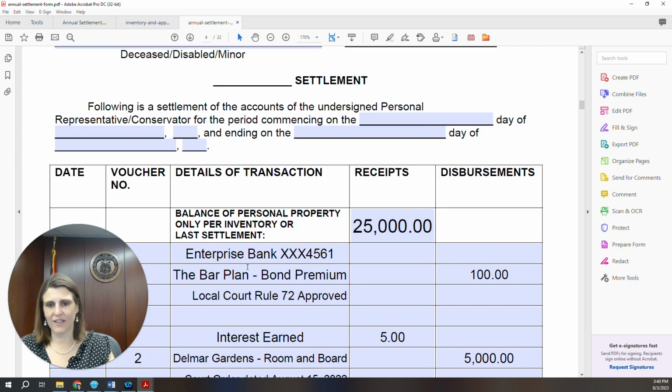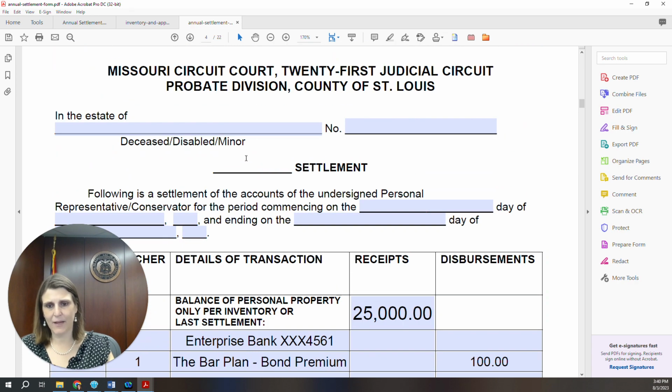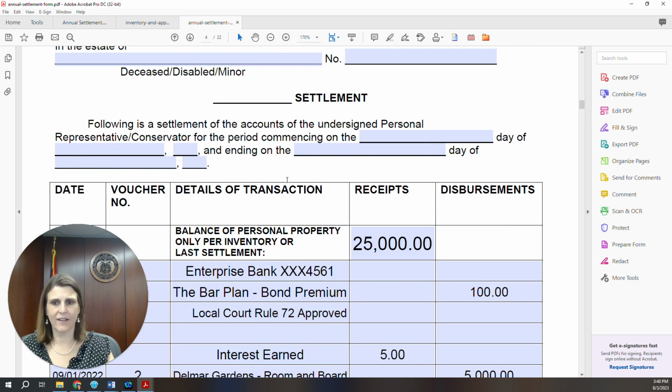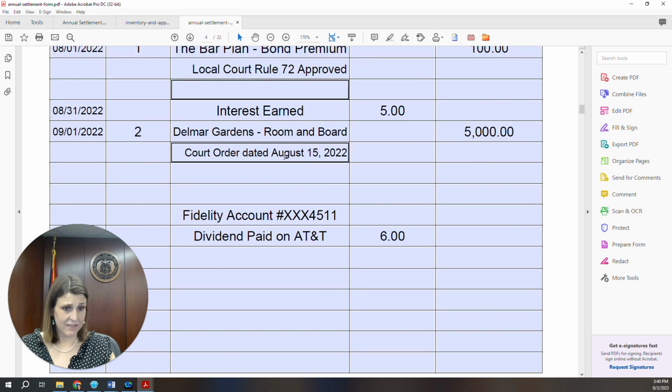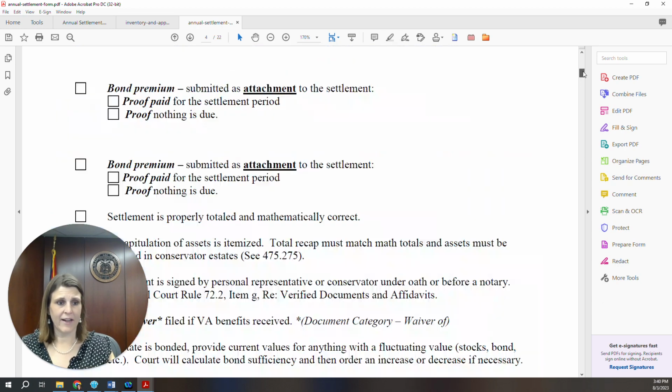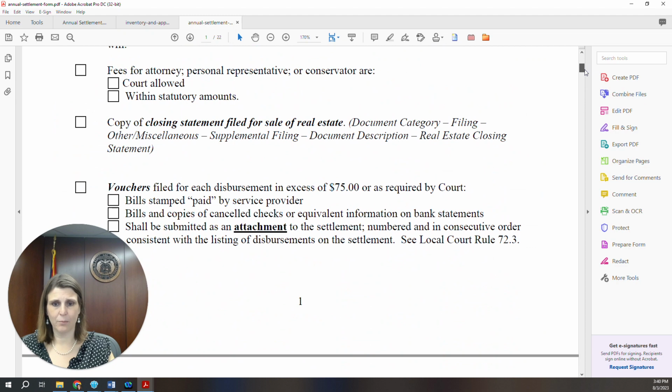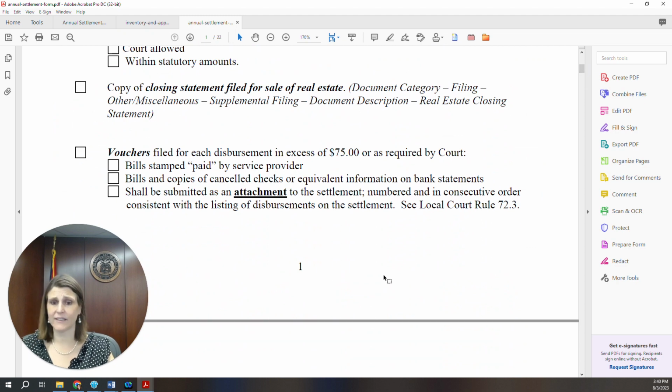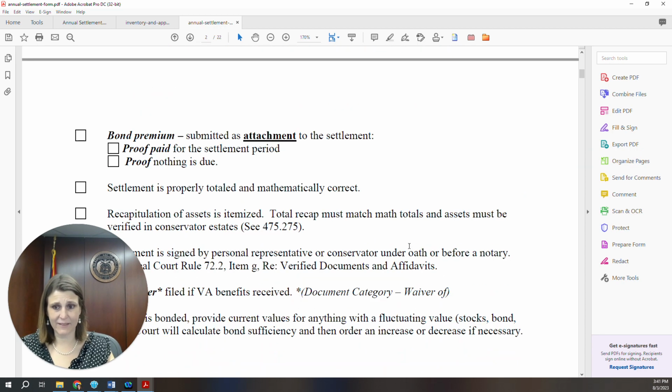Also, I have a lot of attorneys that come in and say, well, my client didn't do the settlement. This is on you. Okay, I expect you to be the one completing the annual settlement. I get it, clients don't always get you the information you need, but they should be provided with a list of the information that is going to be needed.